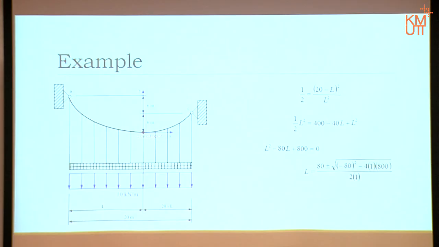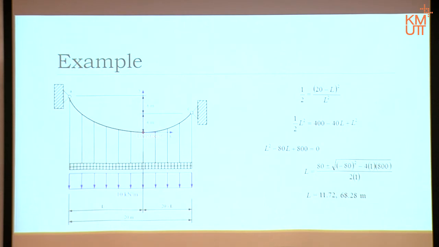Then we have two answers. Sometimes one plus and one minus, sometimes both plus, sometimes both minus, depending on the case. In our case, it will always be at least one plus. Two plus is okay, but if two minus, something is wrong.